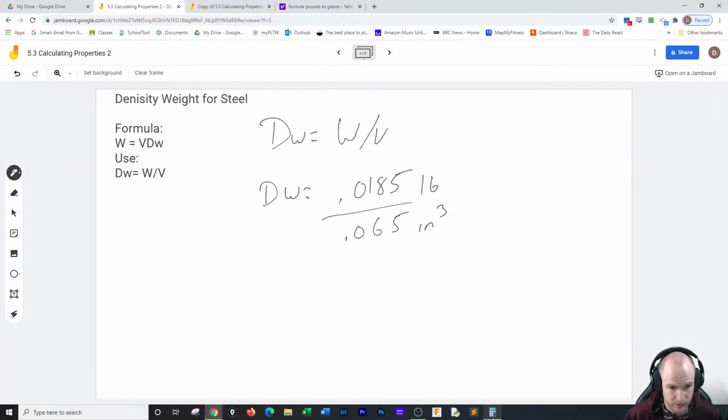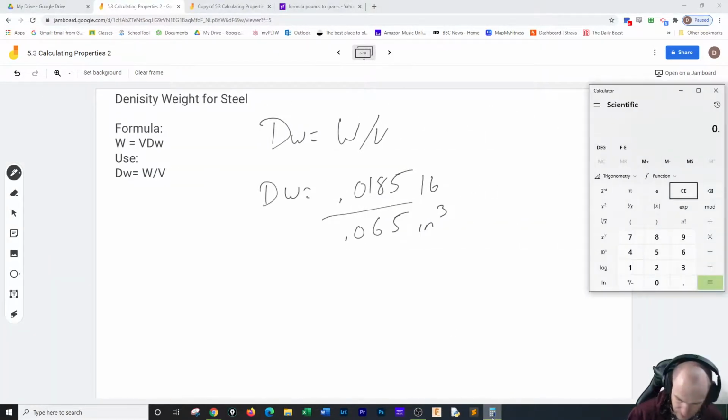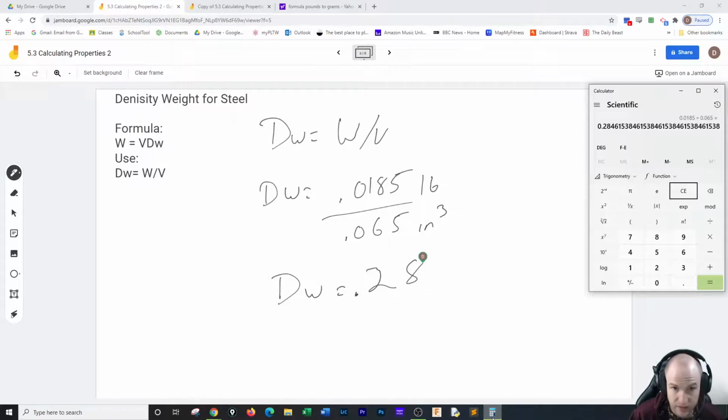So we got that there, and we're going to put that in the calculator here. 0.0185 divided by 0.065, and we get a density weight of 0.284 pounds per inches cubed.